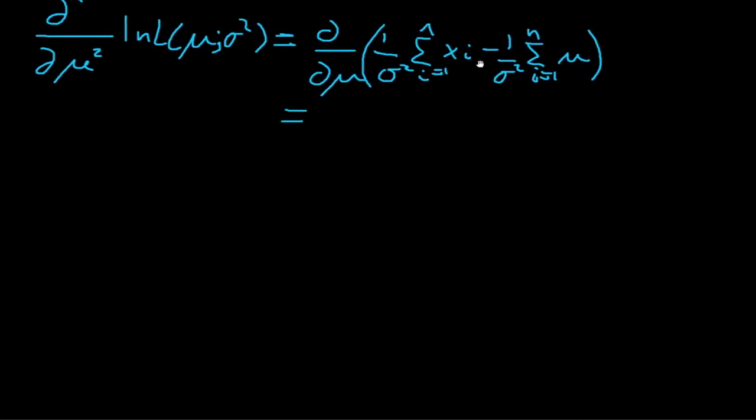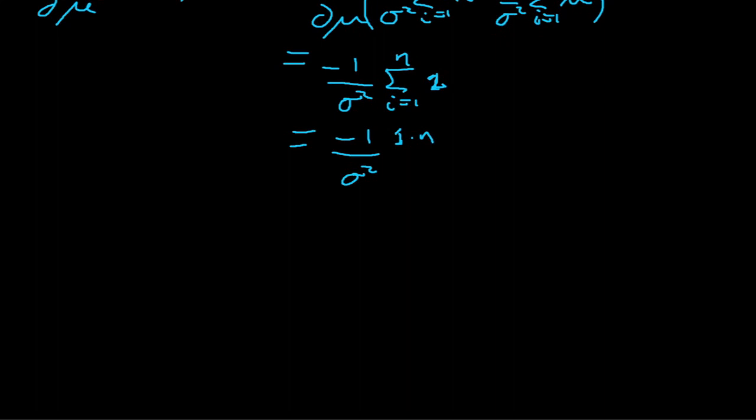And this term of course will be 0, and of course we can get this in front right here, and then of course this will just be the sum from i equals 1 till n of 1, which of course will just be equal to minus 1 divided by sigma squared, and of course this 1 here will just be 1 times n, so of course this will be equal to minus n divided by sigma squared, and this will be lower than 0 for every value of sigma squared and every value of mu.